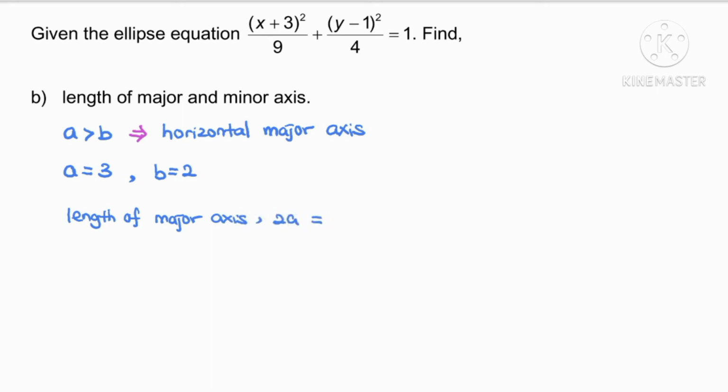So we substitute the value of a, which is 3, so we get 6. And the length of the minor axis is equal to 2b. So when we substitute b with 2, we get 4.